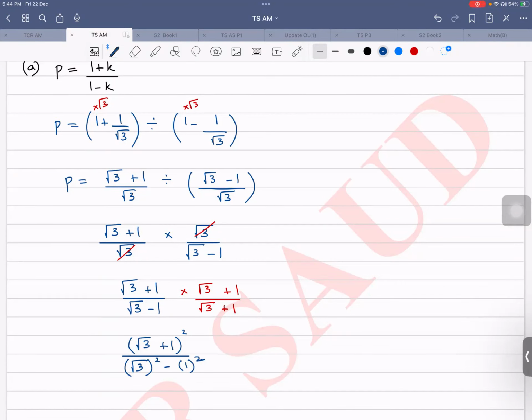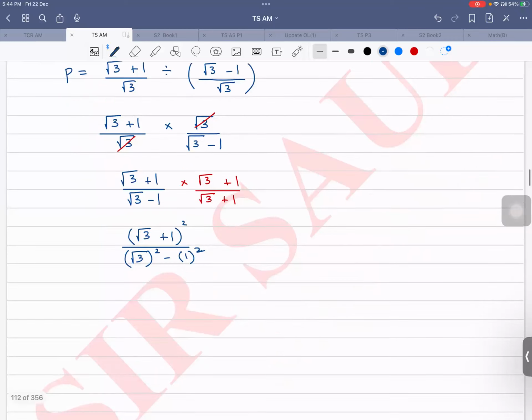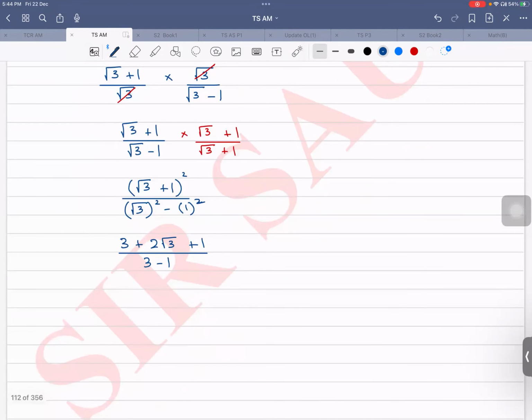Come on, apply the identity and expand. a square plus 2ab plus b square upon 3 minus 1, which becomes 4 plus 2 square root 3 upon 2.